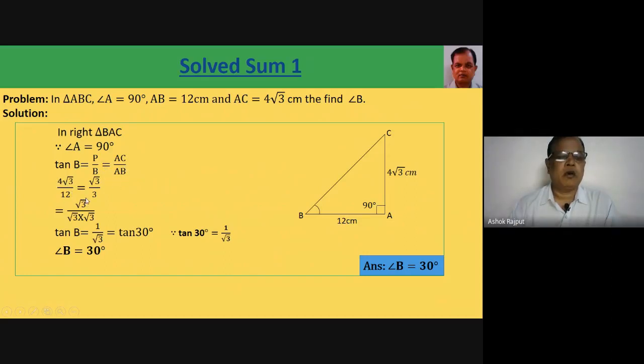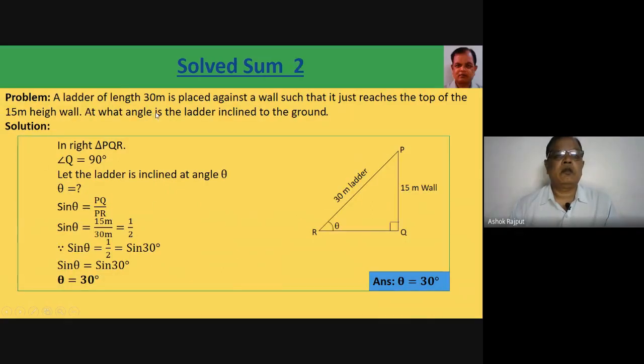It is used to make Google Maps and world maps. First of all, it was used by Ptolemy. It is used to find the width of a river also, which we can't cross, but we want to find the width of the river, so we can calculate it with the help of heights and distances.